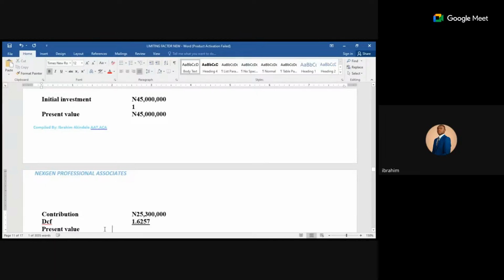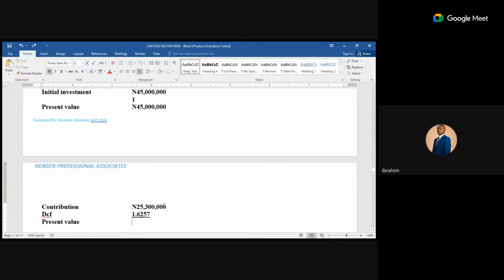We will be having 41,130,210. Yes, 41 million, 130,210.